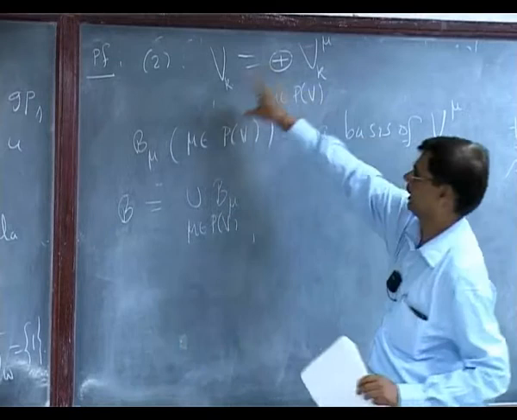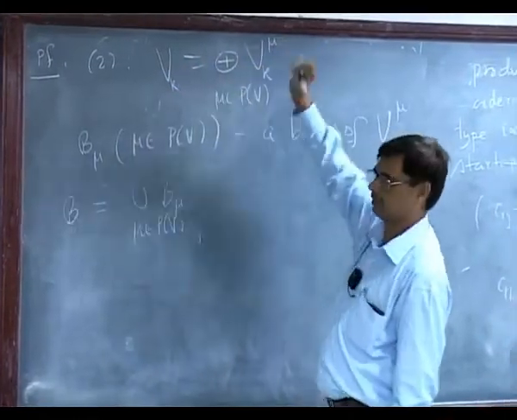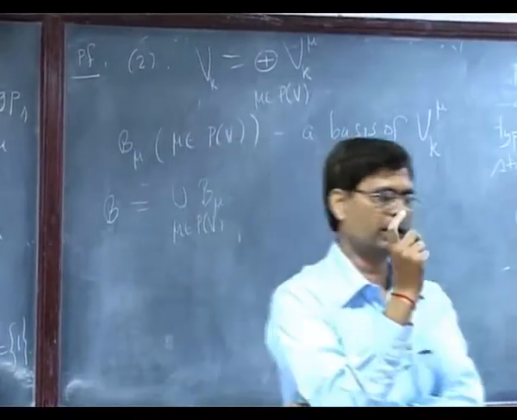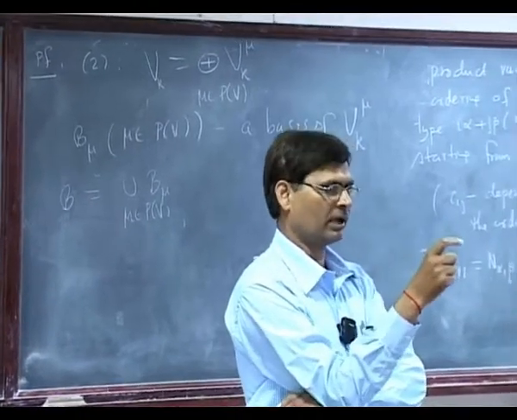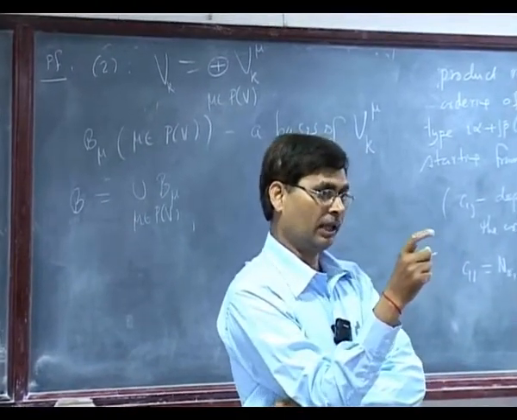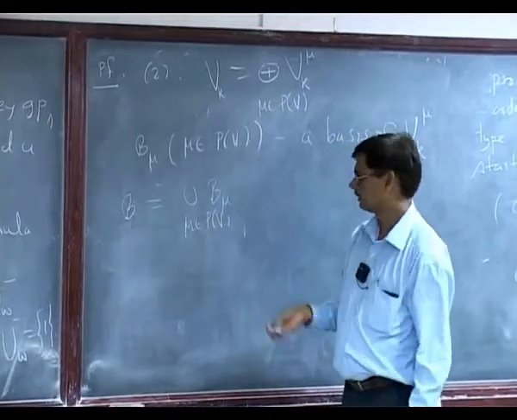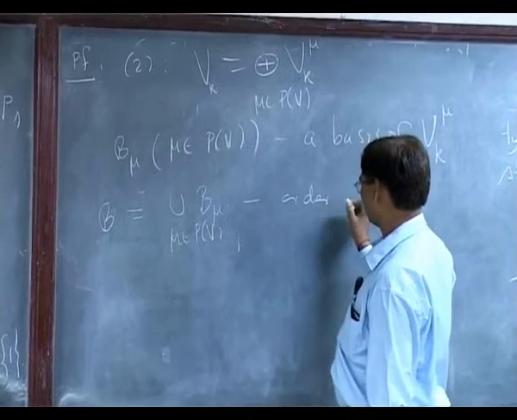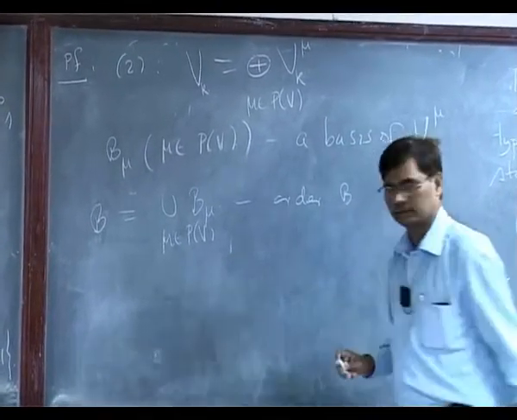So, what you do is get a basis of V consisting of basis vectors from the eigenspaces. You take a basis from each eigenspace and give an arbitrary order inside the eigenspace, and then you order B in the following way.